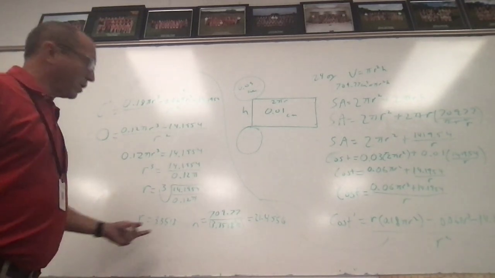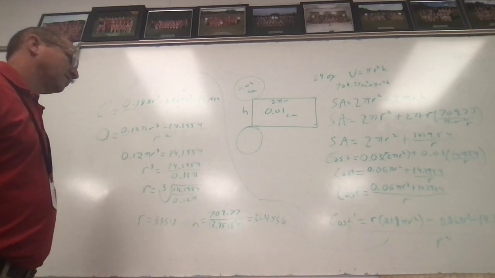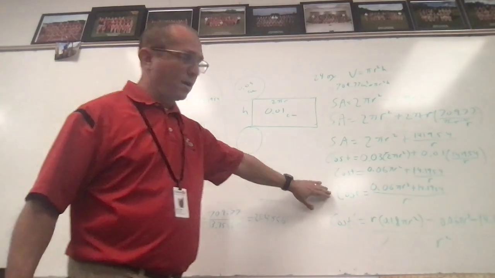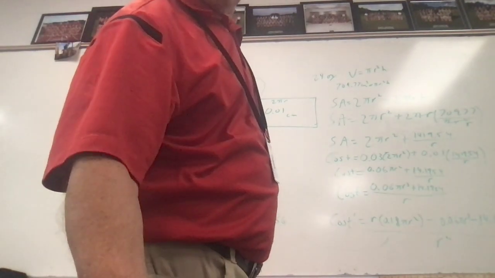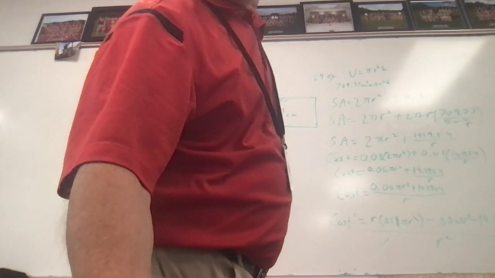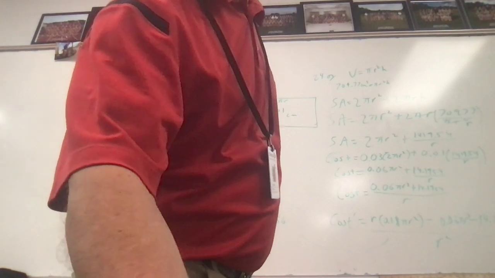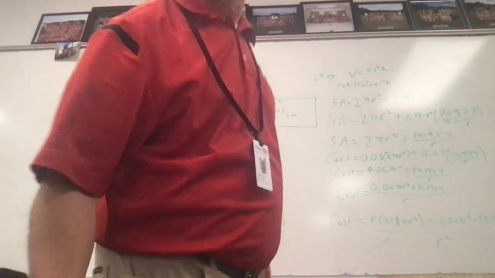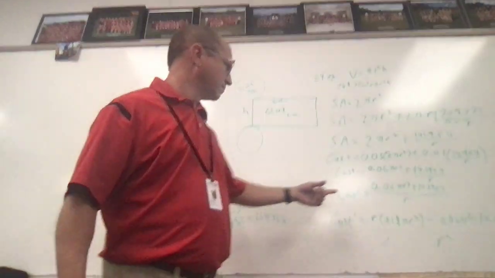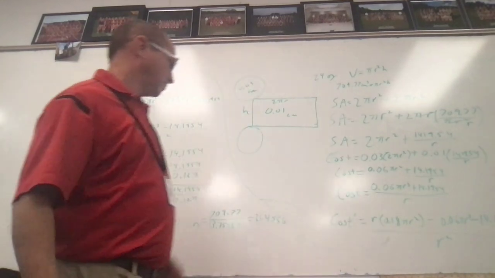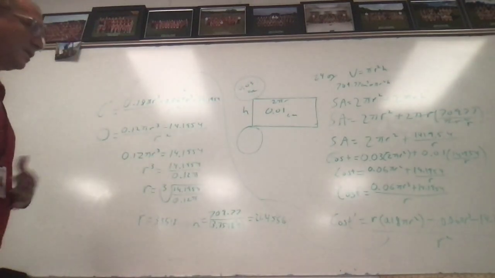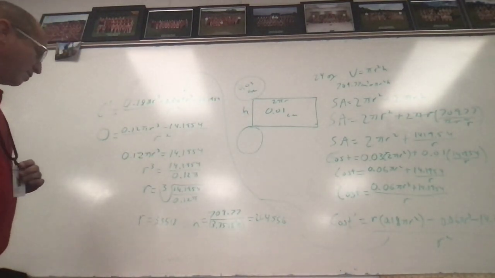All right. So now, what is the cost? Well, the quickest way to go with cost is to plug into that equation, so y'all do that real quick. Plug in, and all you need is the 3.3518.